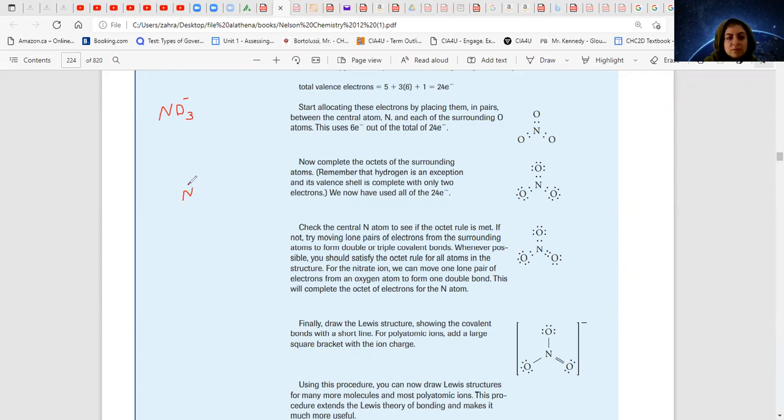Because it's just one of them. 1, 2, 3, 4, 5, right? And I have 3 oxygens. 1, 2, 3, 4, 5, 6 electrons here. 1, 2, 3, 4, 5, 6 electrons here, and I put another oxygen here. 1, 2, 3, 4, 5, 6.